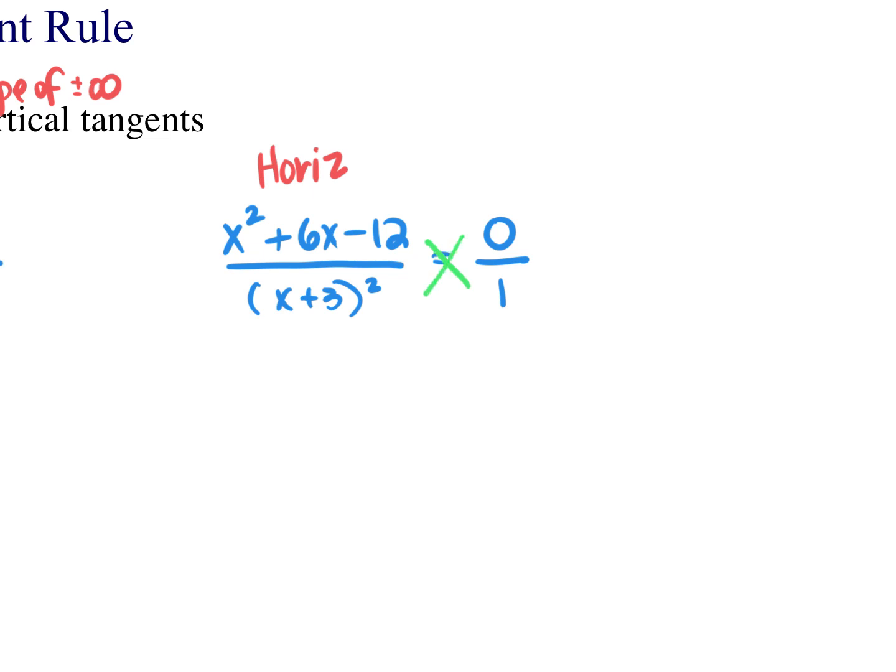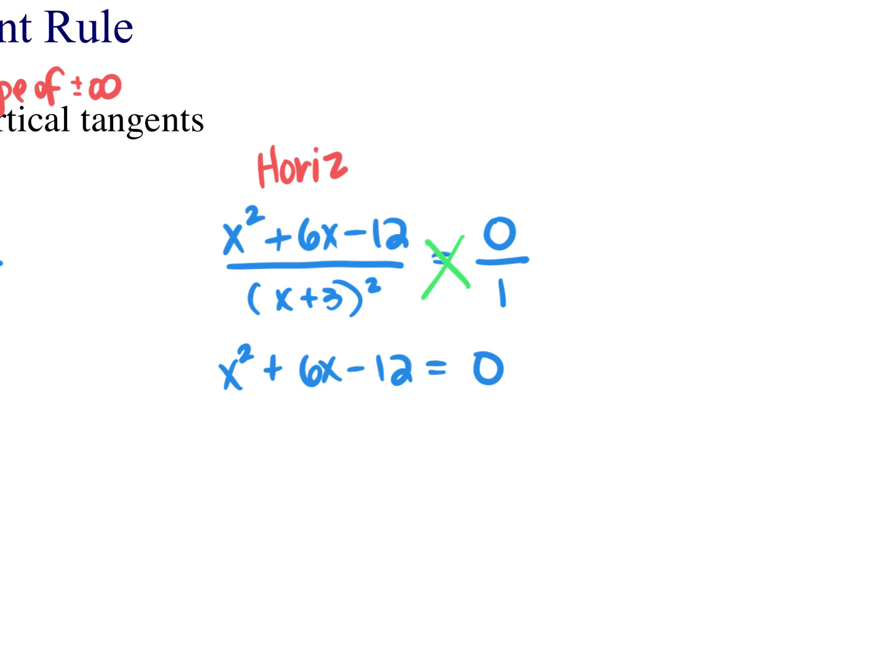All right, so we cross multiply. The whole denominator goes away, and I have x squared plus 6x minus 12 by itself being set equal to 0. That's why the equal to 0 part is important, because now I'm either going to factor if I can, or apply the quadratic formula.